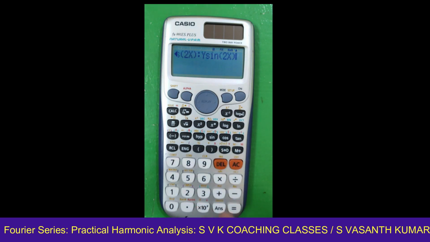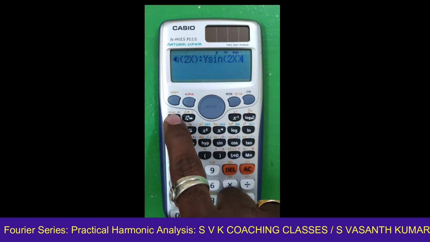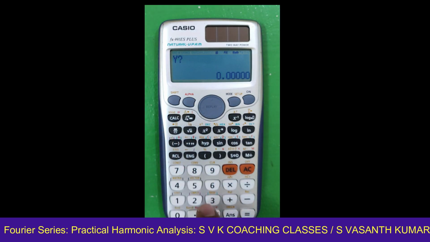After pressing all these values, now we can calculate simultaneously all the values. Just press calc, give the value of y. The first value of y in the given table is 7.9. Press 7.9, press equal to, then give the value of x. The corresponding value of x is 0 degree.